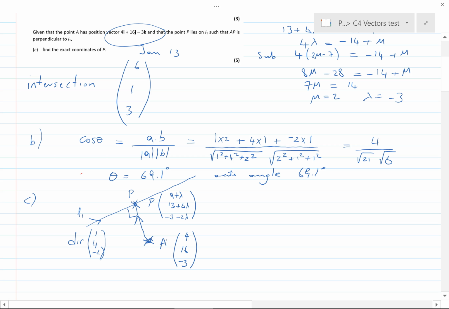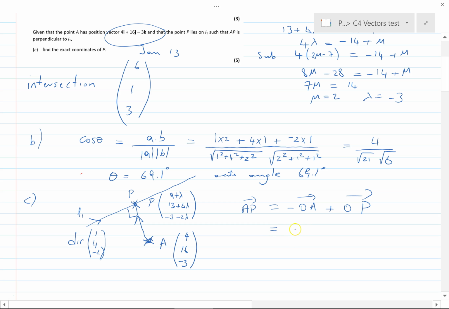So let's work out AP. Now AP is going to be equal to OP minus OA, or minus OA plus OP. Imagine you had an origin here, you'd go against the arrow here and with the arrow here, so it's that way.